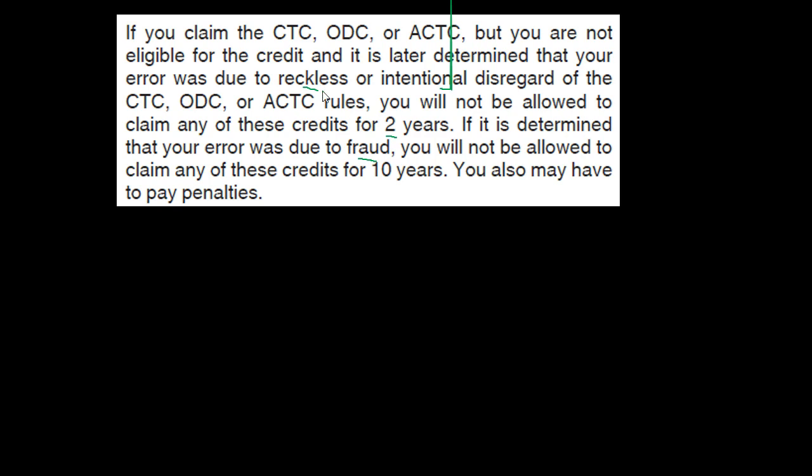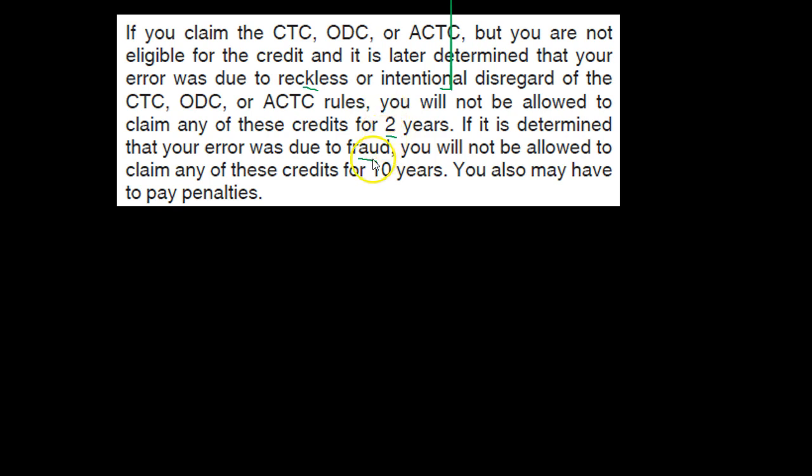Or if it was intentional disregard, meaning you just totally didn't put in the time to really look at it up to the standard possible, and these are loose definitions, I'm just explaining the terms, then you're going to be subject to this rule.